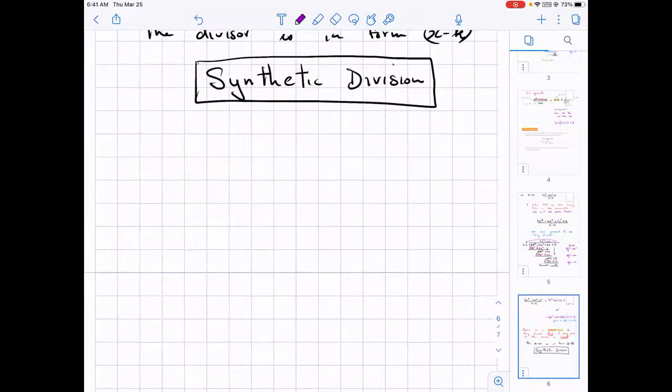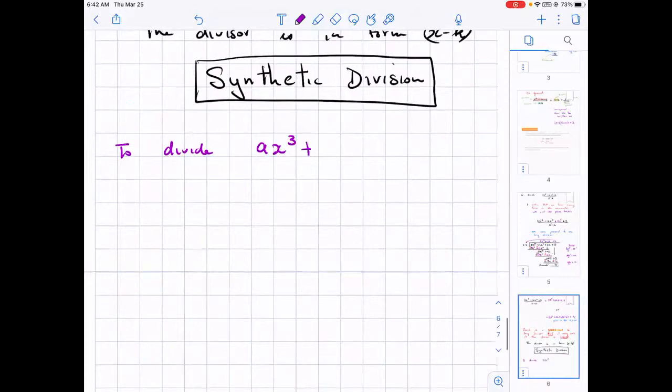To divide, let's say, ax cubed plus bx squared plus cx plus d by x minus k.